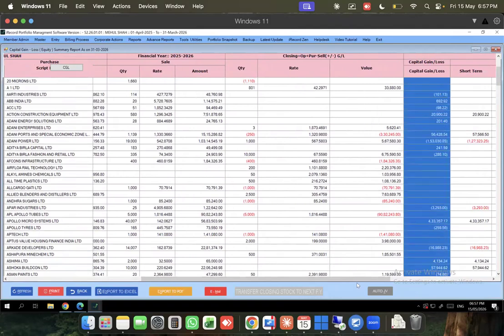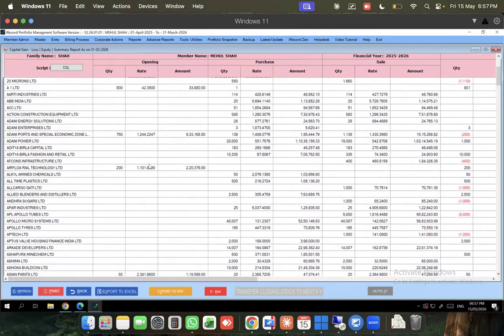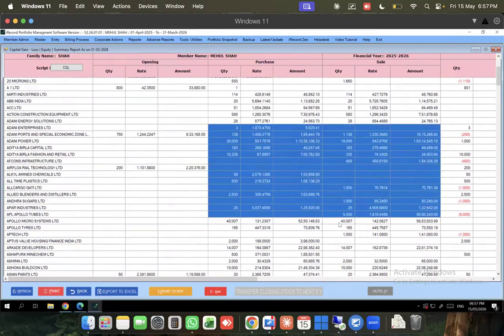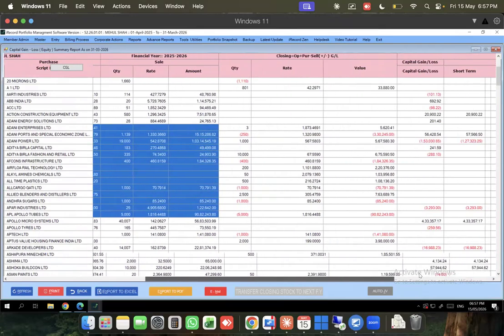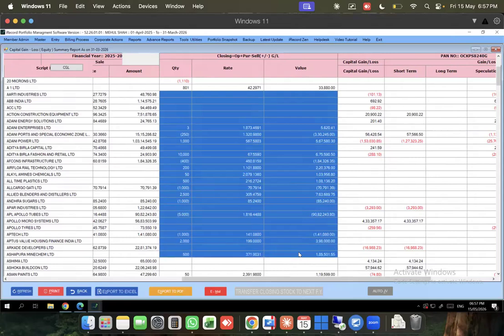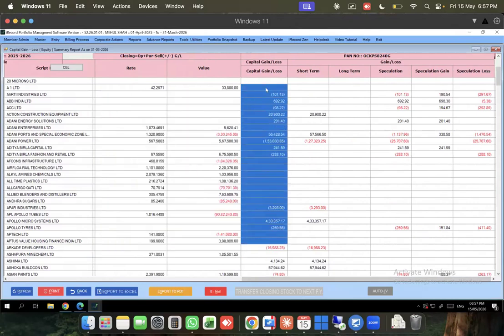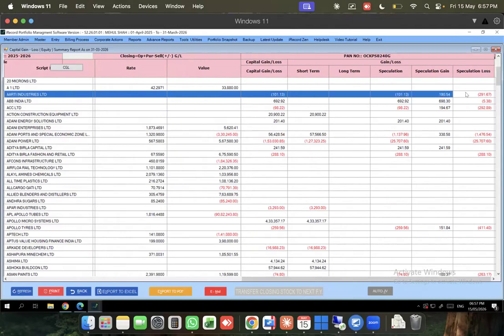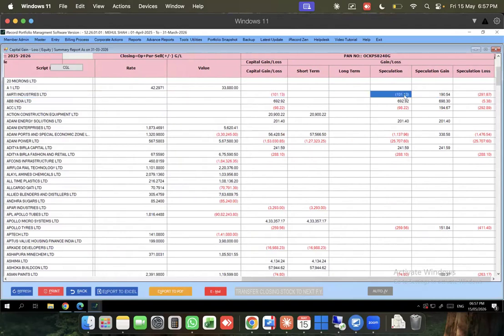The computation works out as follows: we have your opening stocks, your purchases and sales that we have captured from your contract notes, and lastly the net position that we are holding as of now. In addition, we have total capital gains on a realized basis only, a summary of total capital gains, and capital gains further bifurcated into long-term, short-term, and speculative slabs.